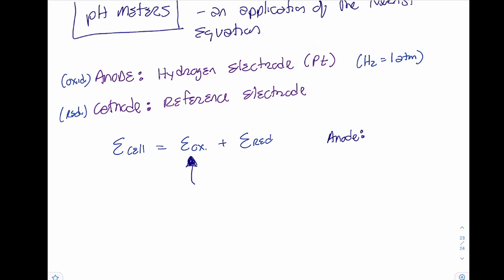So you would have 2 hydrogen ions plus 2 electrons going to hydrogen, and then my cell potential for that is 0 volts. It's still going to be 0 volts, but I do have to reverse it to get the oxidation. So this is my half reaction for my anode.